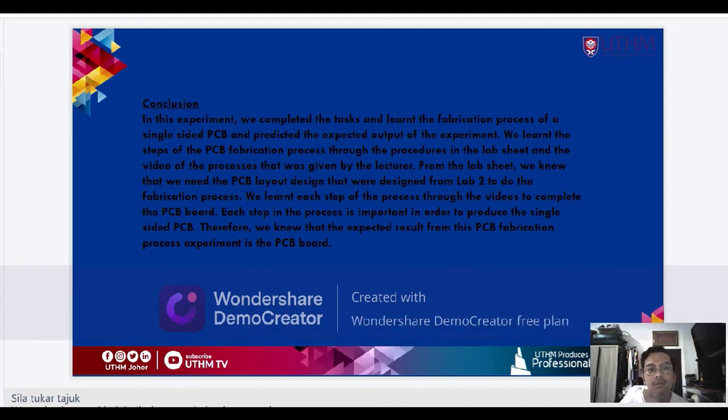From the lab sheet, we knew that we need the PCB layout design that we designed in Lab 2 for the fabrication process. We learned each step of the process through the videos to complete the PCB board. Each step in the process is important in order to produce a single-side PCB. Therefore, we knew that the expected result from this PCB fabrication experiment is the PCB board.